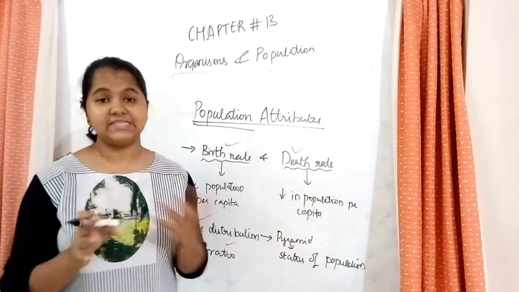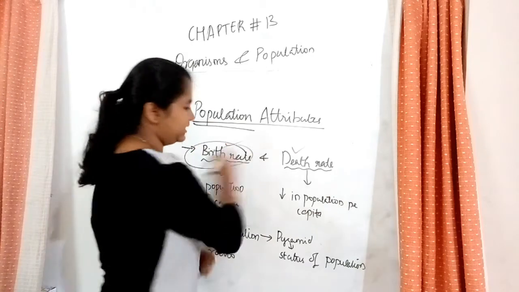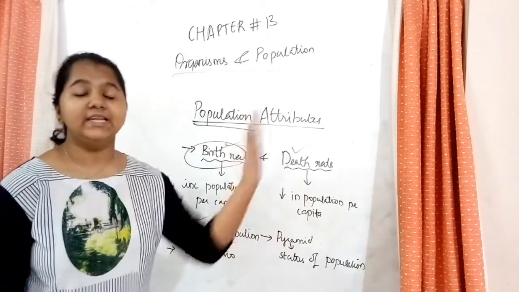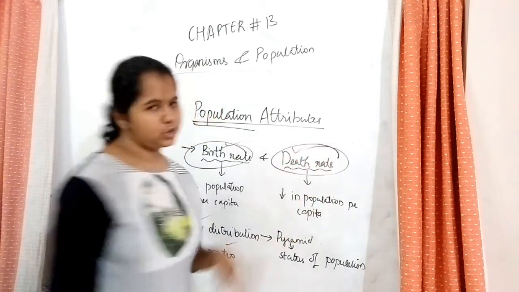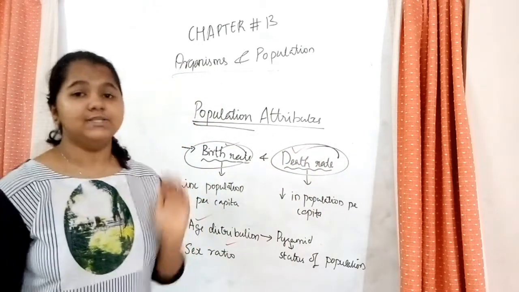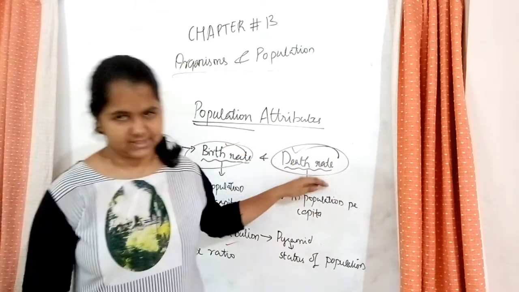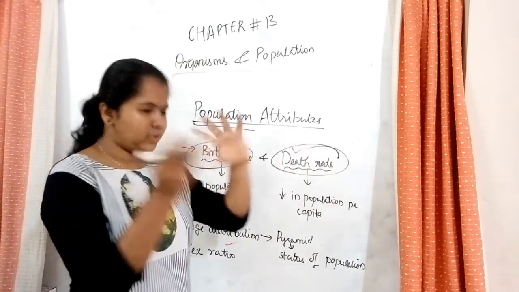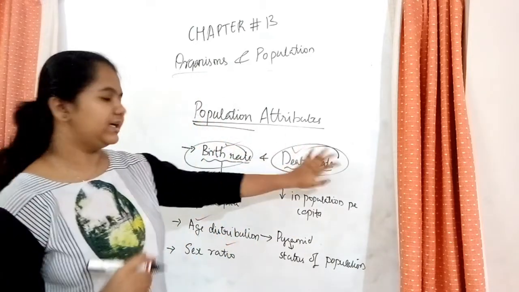The increase in population per capita is known as birth rate. And death rate is the decrease in population per capita. Don't forget the definitions, as these can be 1 mark questions in your exam. Just change the terms: increase for birth rate and decrease for death rate.